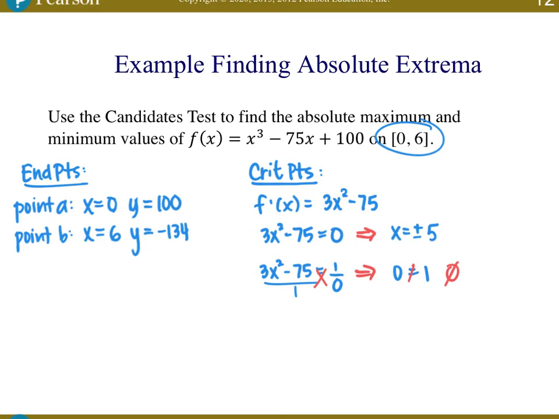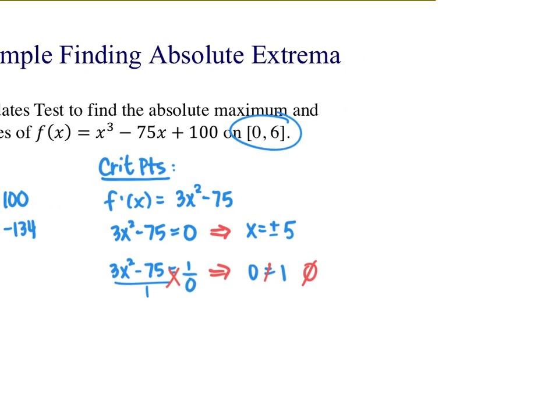So now I want to find the y values that go with the x values that I just found. So what would y equal then? So I got to plug 5 in, and then I have to plug in negative 5. I'll get negative 150 when I plug in 5, and I'll get positive 350 when I plug in negative 5.